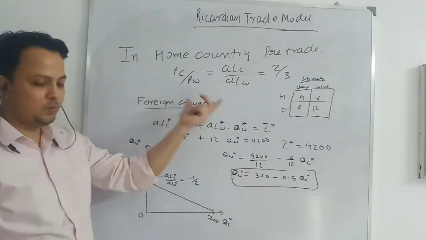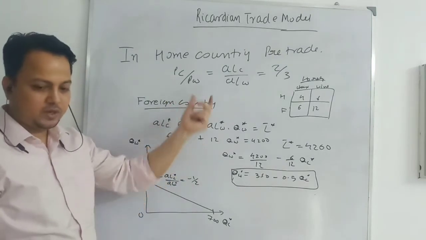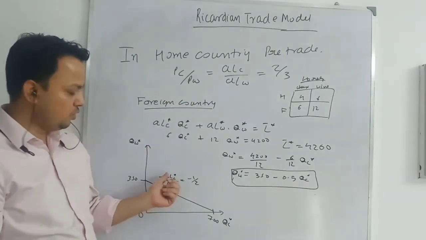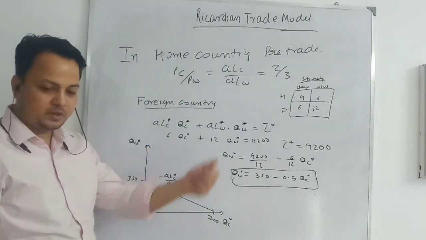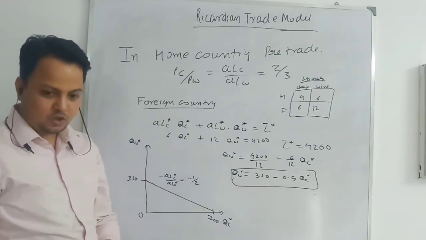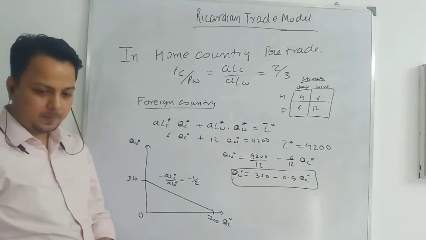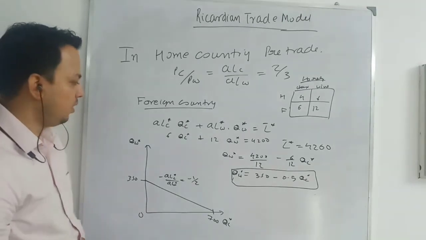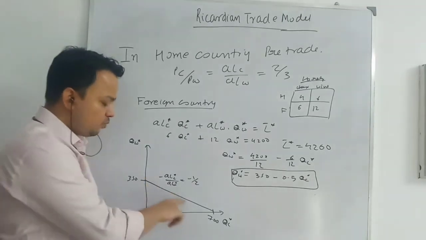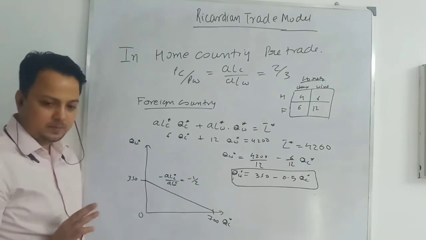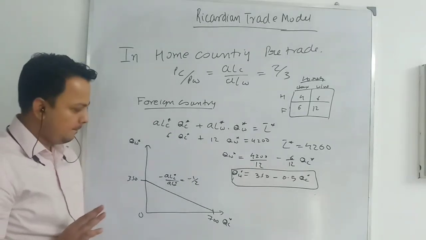I cannot show you because the board is small here. If you look at the opportunity cost, the opportunity cost of producing cheese in terms of wine in the foreign country is how much? 0.5. Yes or no?